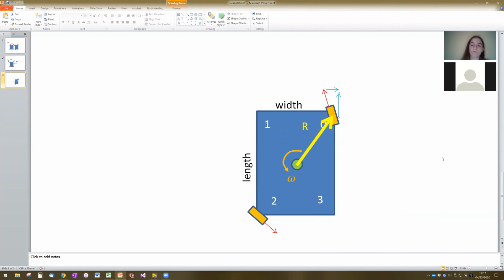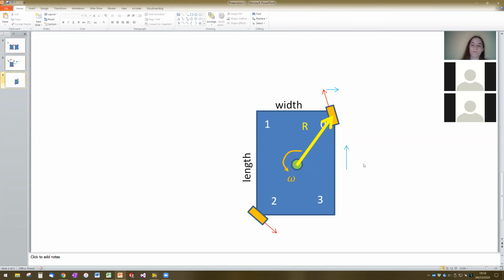I see Amelie hiding out on here. What does Amelie think? Sorry, I was adding the picture to the document. What was the question? It's okay. The question I had was, if we know the width and the length of the robot, what would be the perpendicular distance from the center of the robot out to this x component of the rotation vector?